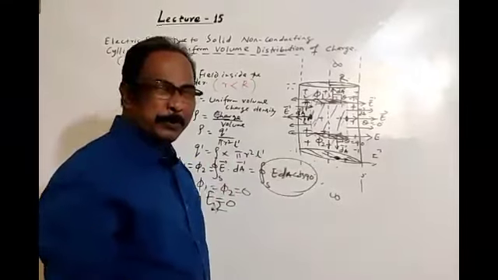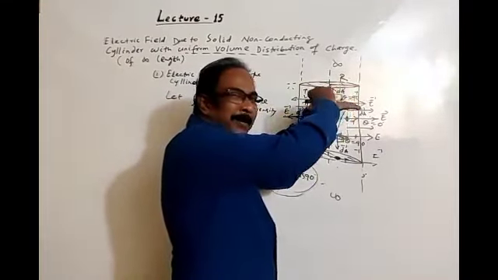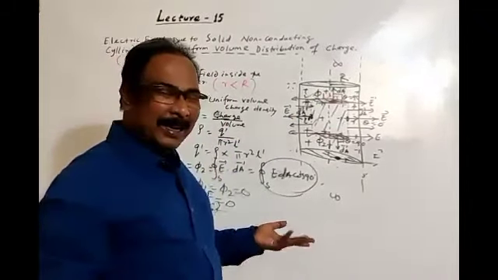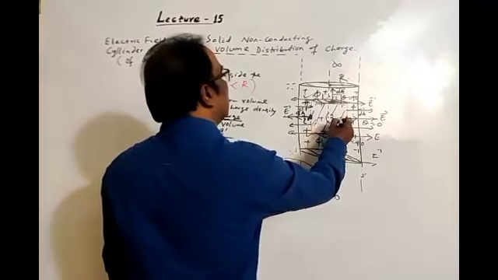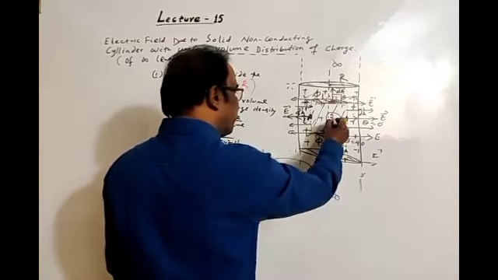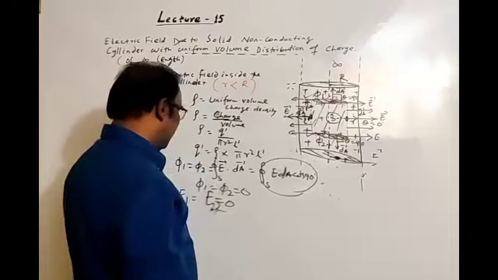Of course, you know students, if the electric field is parallel to the surface, then no flux links with the surface, and the electric field there is 0. So this is surface 1, this is surface 2, this is surface 3. For the curved surface, we have taken surface area 3.